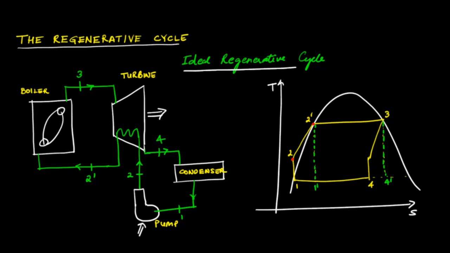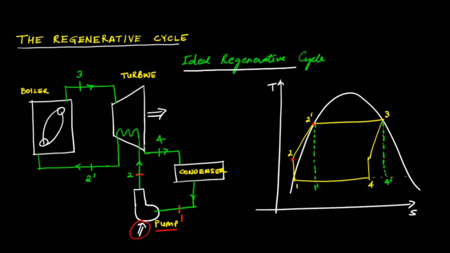Instead, if you look at this diagram over here, the condensate that is at state 1 is pumped to state 2 by this pump, which consumes work, and this compressed liquid that is at state 2 is now not fed to the boiler, but instead it is circulated through the turbine and it flows in the direction opposite to that of the vapor in the turbine.